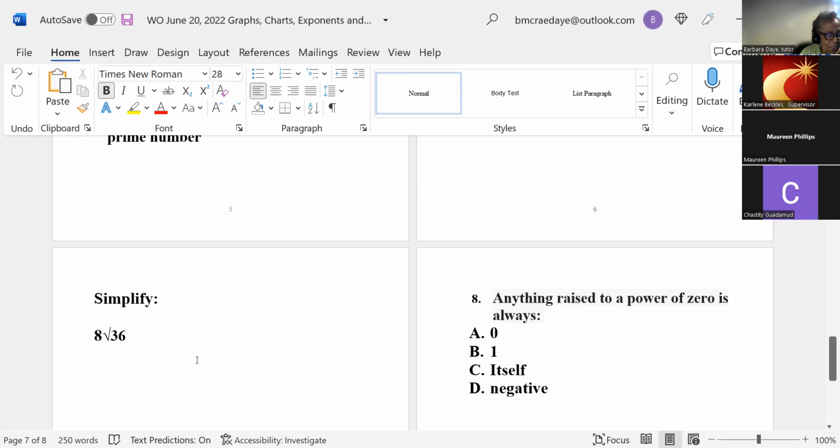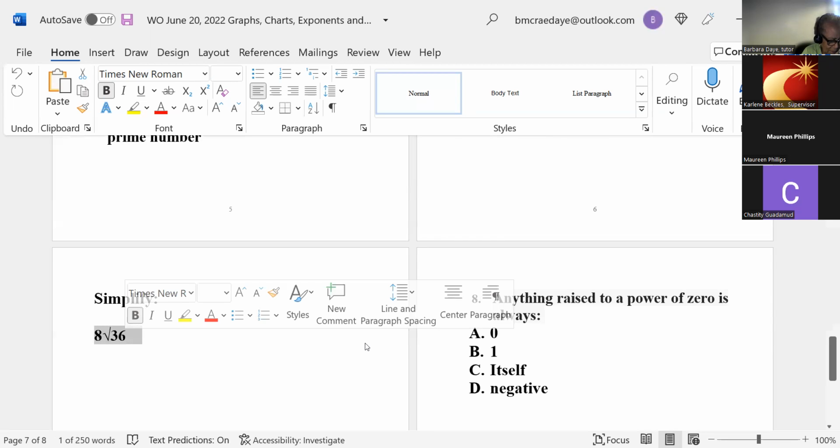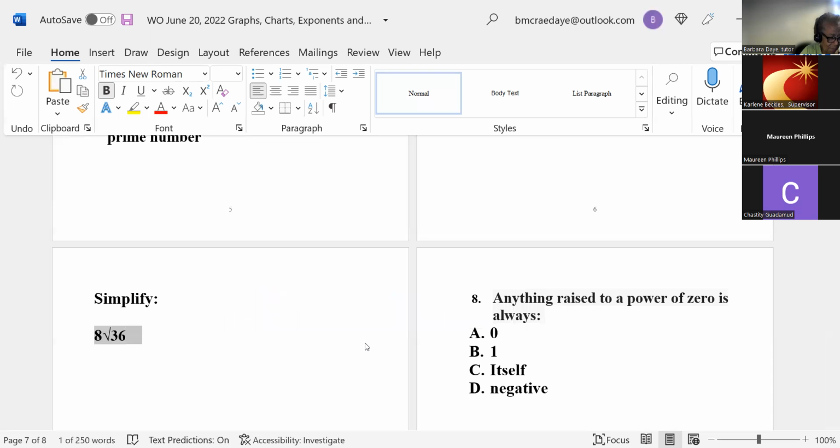The square root of 36 has a perfect square root, right? So what's the square root of 36? 6. So what's the answer? 8 times the square root of 36 is 6, so let's put that here.